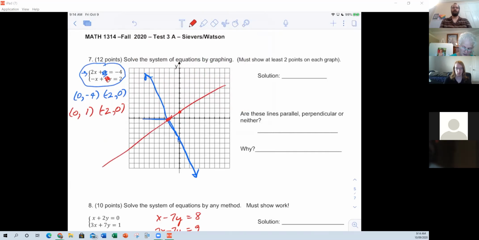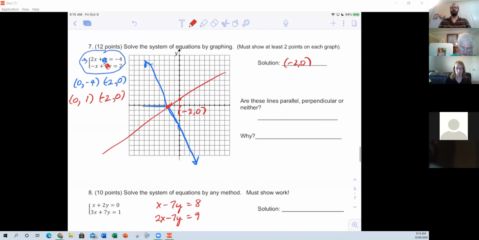So in this one, the intercept is (-2, 0). And then if you look at the slopes of these lines, if you had told me that these are perpendicular because they intersect to form right angles, I would have said that's okay. But look at the slope of this first line.